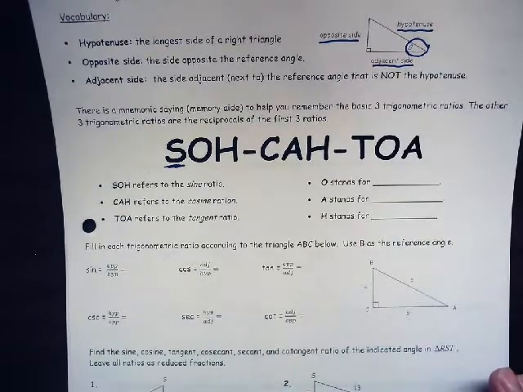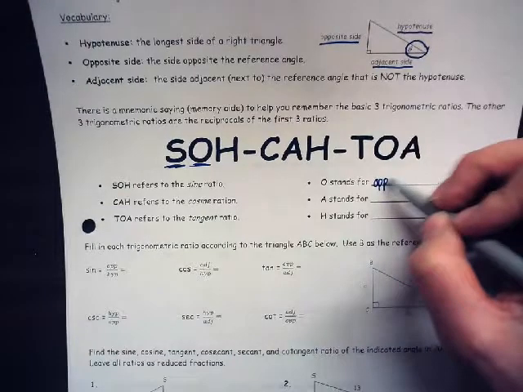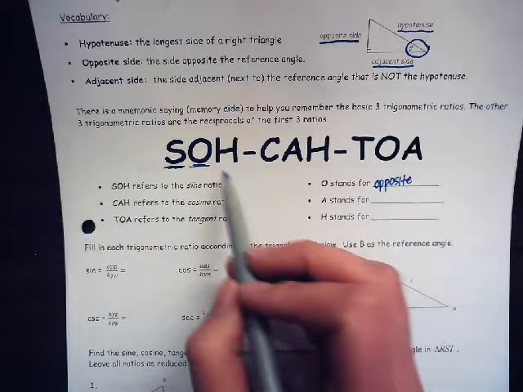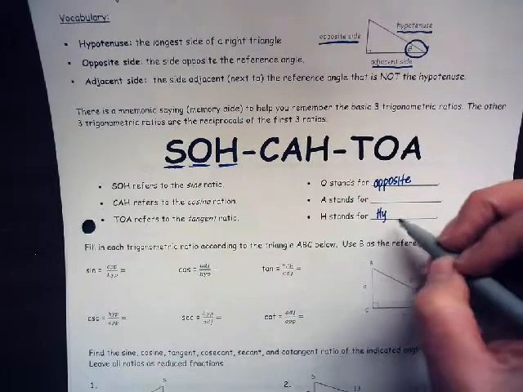So S stands for the sine ratio. O stands for opposite, so we'll write that right here, opposite. And H right here stands for hypotenuse.